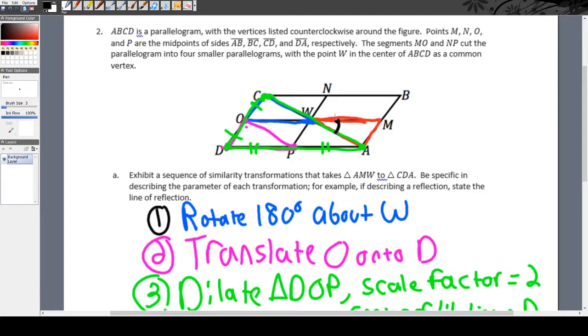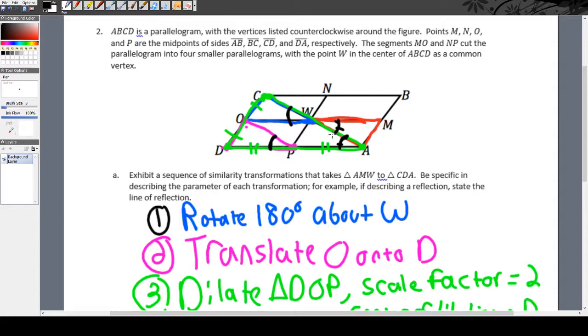When we rotated it, the corresponding angle would shift to this position. Then, when we translated it down to the purple, it just shifted down here. Finally, when we dilated it, it became that angle. So this angle here corresponds with that angle there.